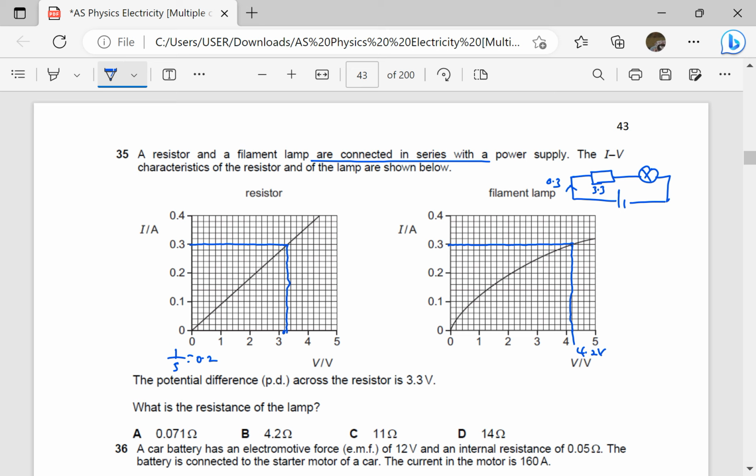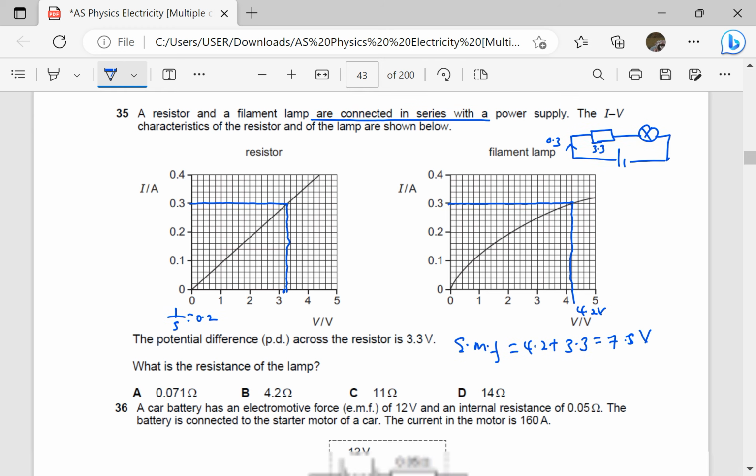To find it, because the PD across the lamp is 4.2 and the PD across the resistor is 3.3, we may just find the EMF. The EMF is the PD across the lamp, 4.2, plus the PD across the fixed resistor, 3.3, giving us a total of 7.5 volts.